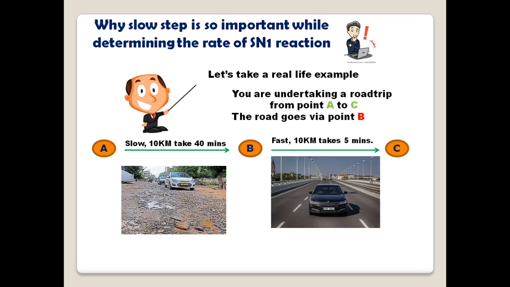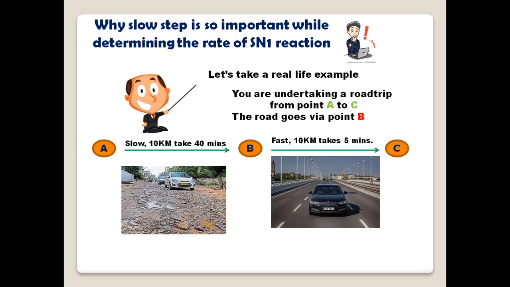From A to B, the road is very harsh and highly congested, while from B to C, the road is extremely good, like freeways or expressways. From A to B, since the road condition is very bad, you take some 40 minutes to go through. But from B to C, you take just 5 minutes.